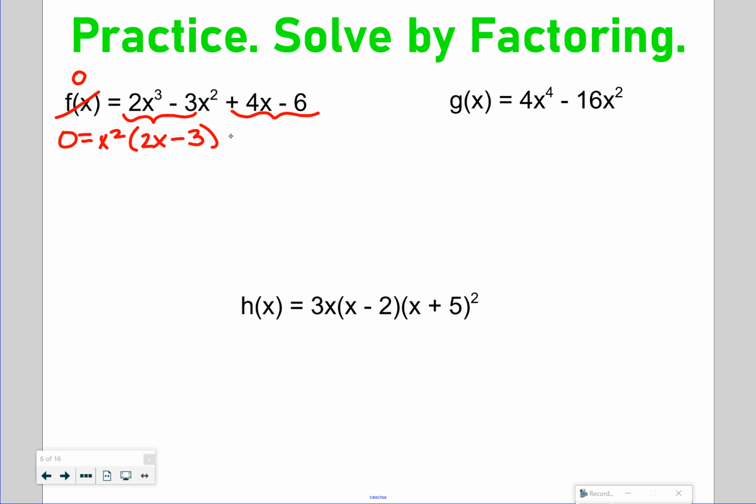In the second pair, I can take out a positive 2, and that also leaves me with 2x minus 3. From here, I can write it in condensed form, x squared plus 2, 2x minus 3, and then I can set my factors equal to 0.